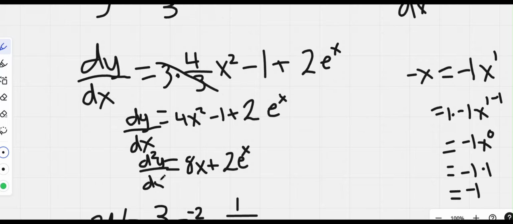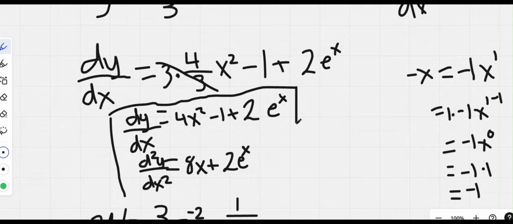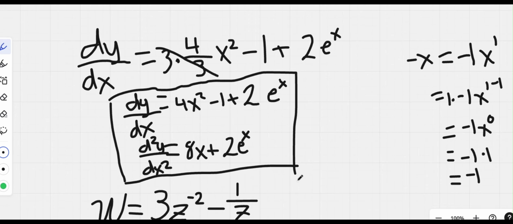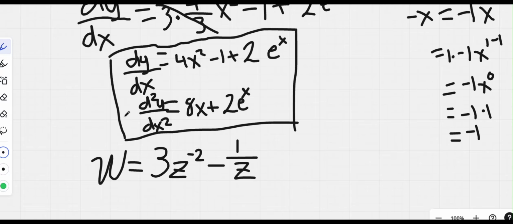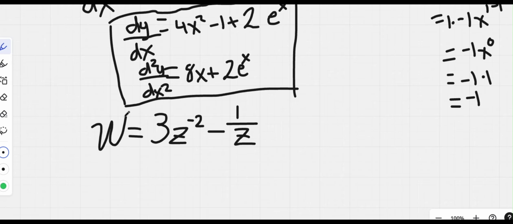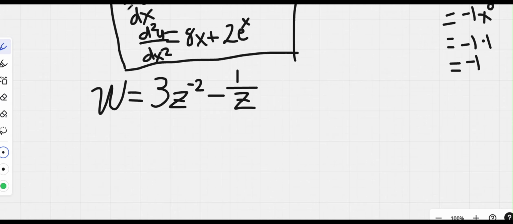d squared y over dx squared is how you read this. We're going to box our answer. We're going to use our imagination to imagine that these are straight, perpendicular, 90-degree angles and lines.